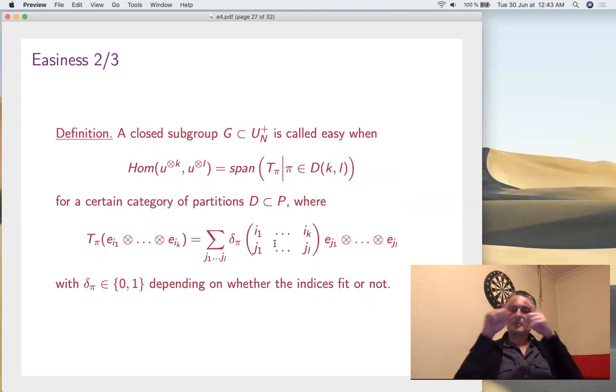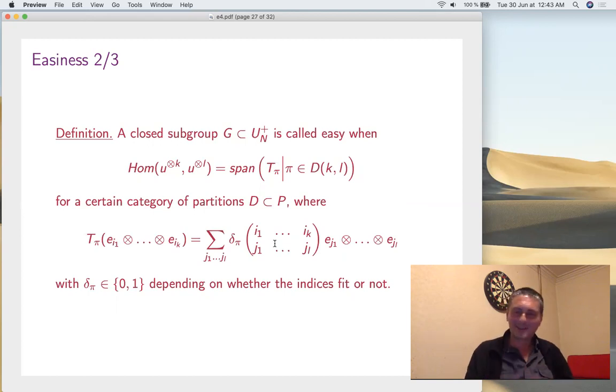Remember, pi is a partition between k points with colors and L points. Let's not bother about colors for the moment. Now I have a multi-index i_1 to i_k, so I put it on my points, and j_1 to j_L on the other points. So in this situation, I have these two multi-indices connected by a partition, and I just look at whether it works or not. If any block of the partition has equal indices everywhere, my Kronecker symbol is 1, otherwise it's 0.